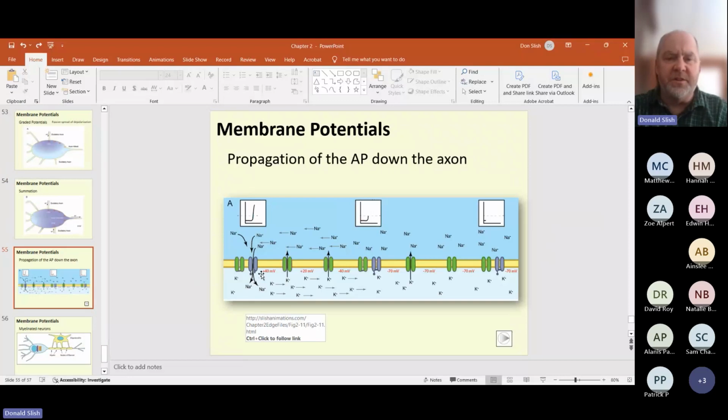Again, that depolarization is going to spread horizontally across the membrane, really in both directions, but if you're starting at the axon hillock, it's only going in this direction. So that depolarization spreads across the inside of the membrane until it reaches the next node, let's say, the next part of the membrane here.